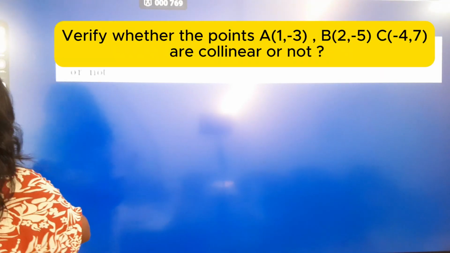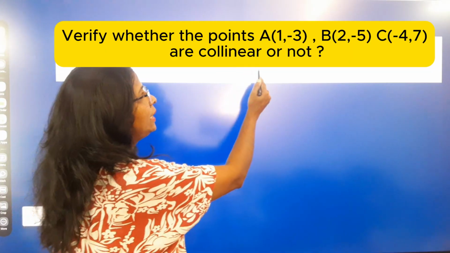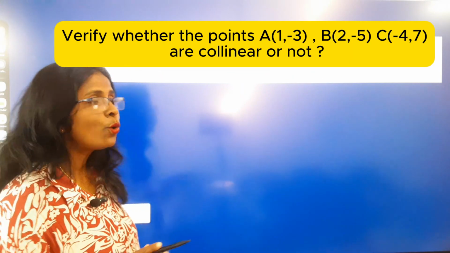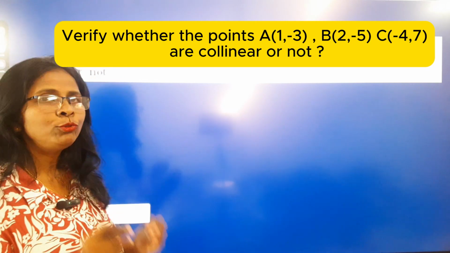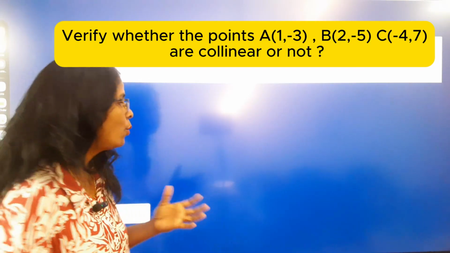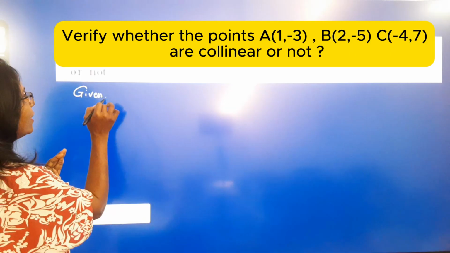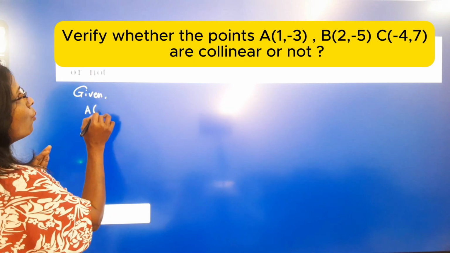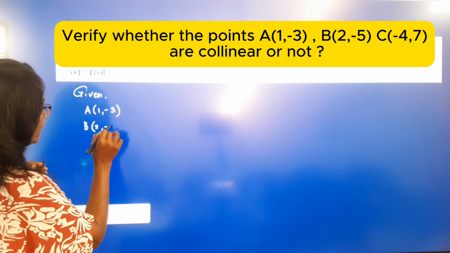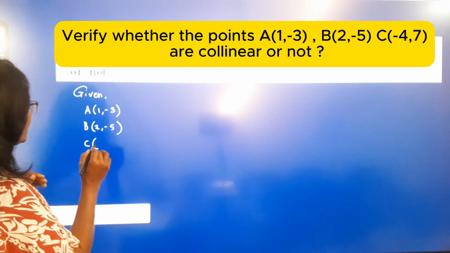Okay. Verify whether points A (1, -3), B (2, -5) and C (-4, 7) are collinear or not. We have to verify that these 3 points are collinear or not. Okay. So now here students, I write the 3 points. That is given A (1, -3), B that is (2, -5), and then C that is (-4, 7).